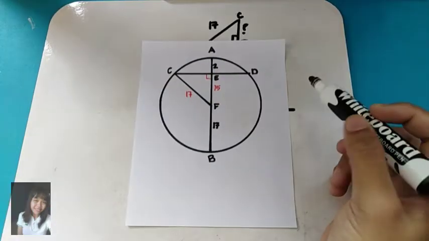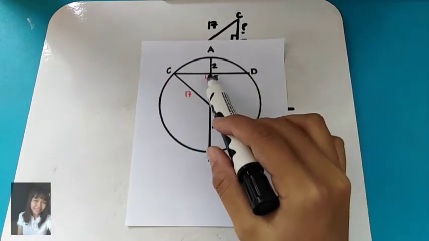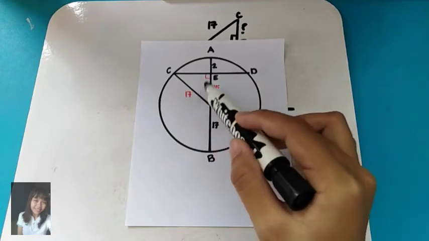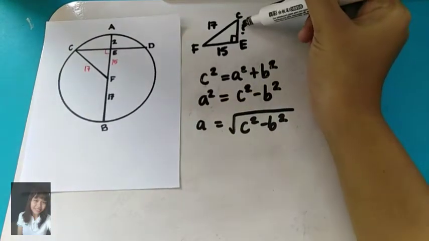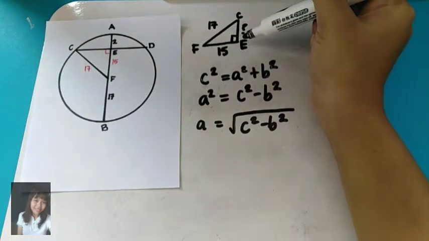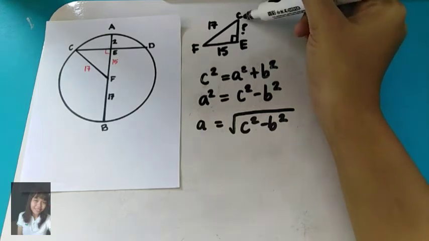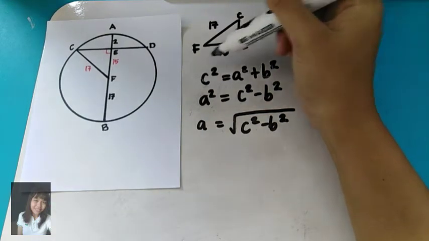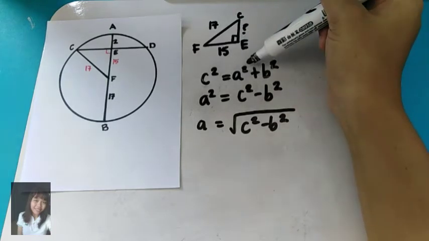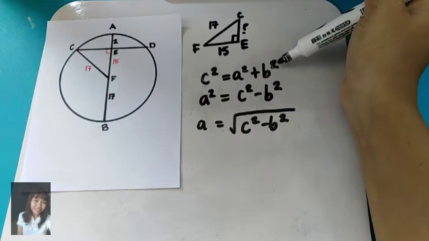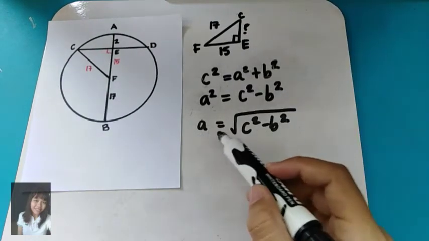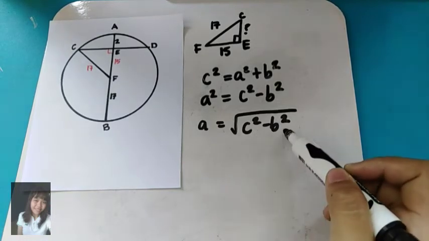We are asked to find the length of CE. So taking out this figure or drawing this in our scratch paper, we have this. Since it is a right triangle, we can use the Pythagorean theorem in order to find the length of CE. The formula of the Pythagorean theorem is c squared is equal to a squared plus b squared. Deriving this formula, we have a is equal to square root of c squared minus b squared.